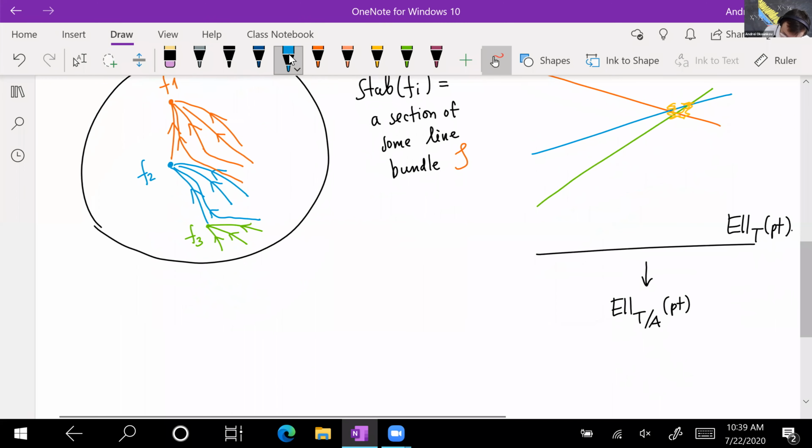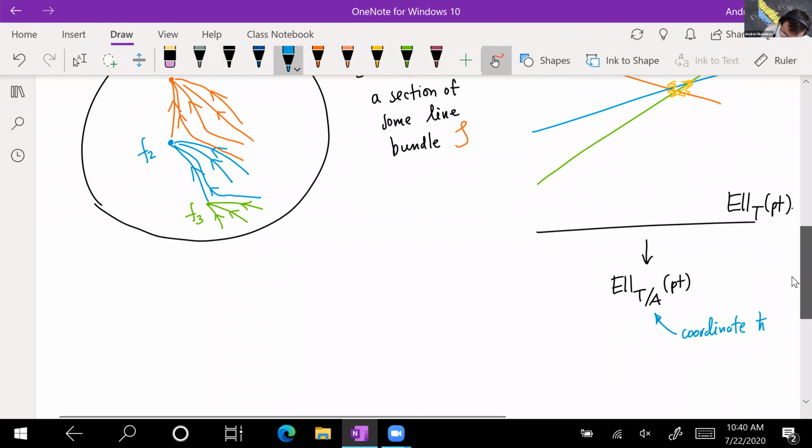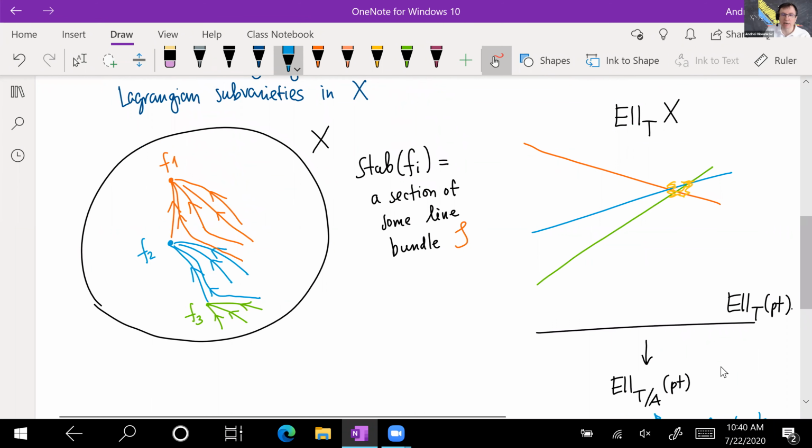This torus has the coordinate h bar. So the fibers over that h bar are copies of the elliptic homology of A. And so this is the line bundle S. What would we like about this line bundle?